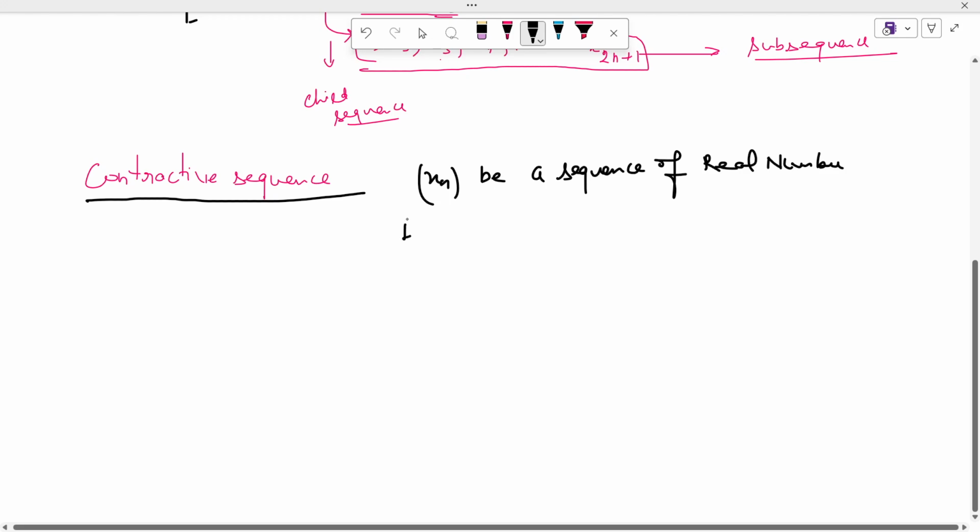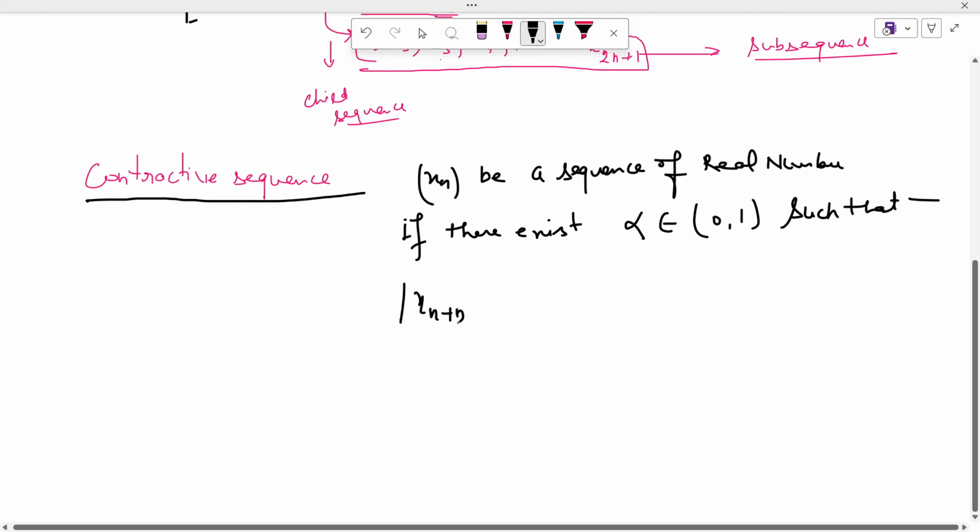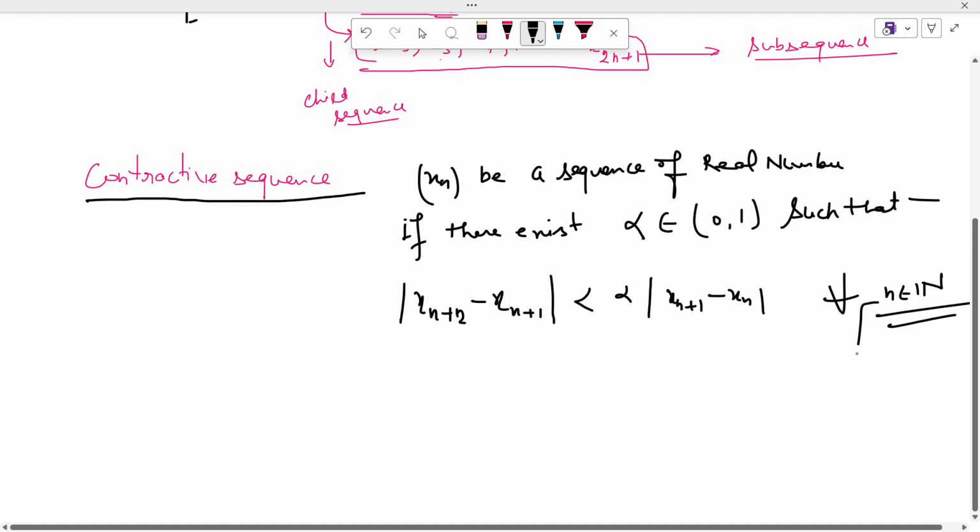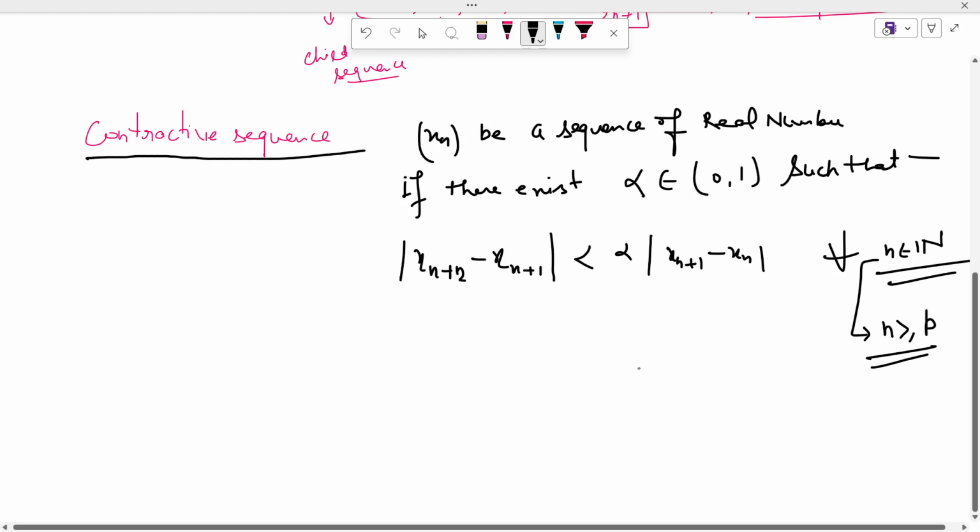If there exists a number alpha lying between 0 and 1 such that the difference between two consecutive terms, |x(n+2) minus x(n+1)|, is less than alpha times the difference between the two previous consecutive terms, |x(n+1) minus xn|, and this happens not for just one term but for each n belonging to the natural numbers, then this sequence is called a contractive sequence.